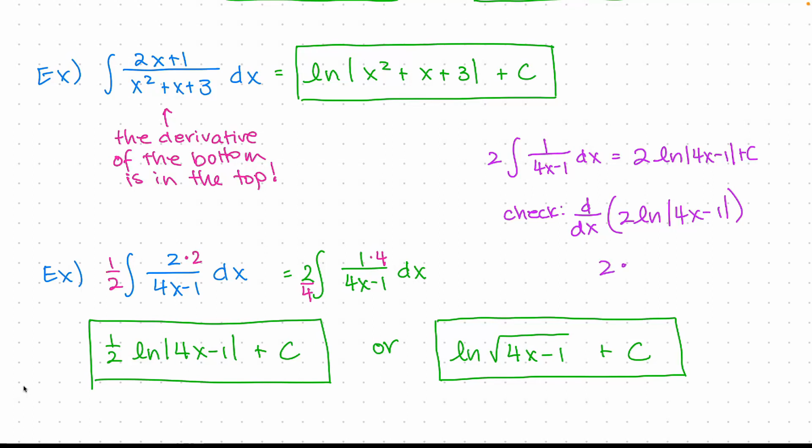So I got the 2, and then remember 1 over the argument times the derivative of the argument. When you take the derivative of a natural log, it's 1 over the argument times the derivative of the argument. But is this going to be equivalent to that? What do you think?